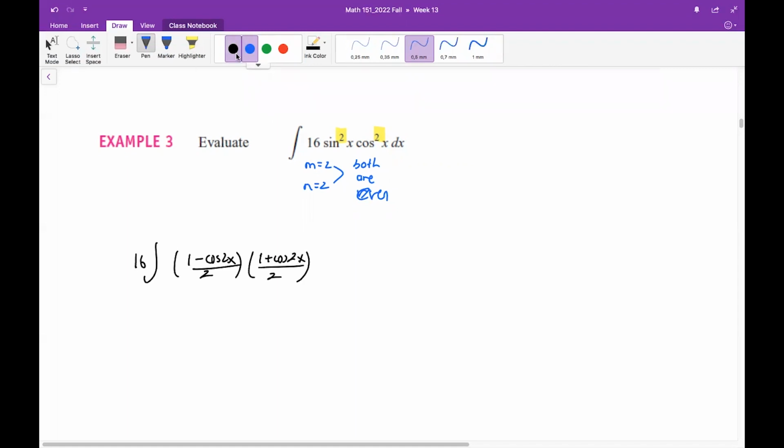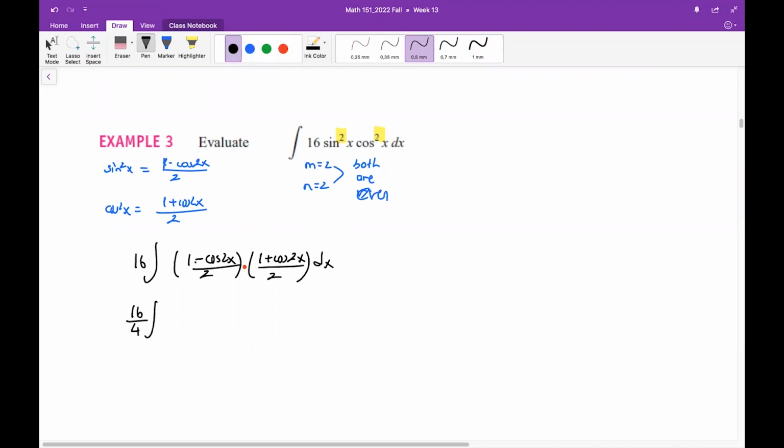Let's write those half angle formulas here also. Sorry, this is cosine 2x. And cosine square x is written like this. I inserted these formulas for sine square and cosine square x. Then I will do this multiplication. So let's multiply. Then you have 2 times 2 is 4, so I take it out.